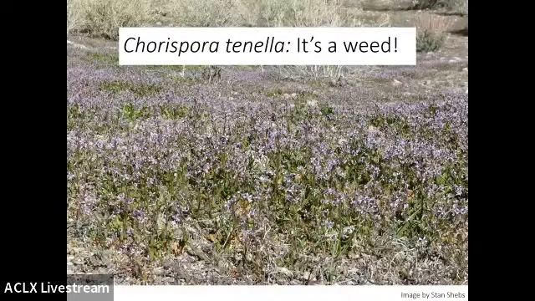So my focal invader, I'm starting with Chorispora tenella, or blue mustard. It's also known as musk mustard because it's very smelly when it flowers, sort of the unwashed scent of humanity, I would say. You can smell it before you see it. And there's a few things about this species that make it the perfect focus for this kind of work.